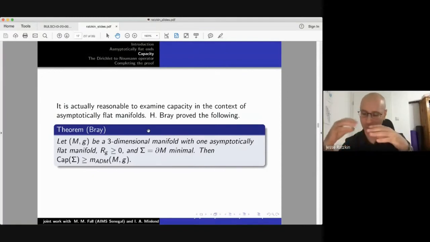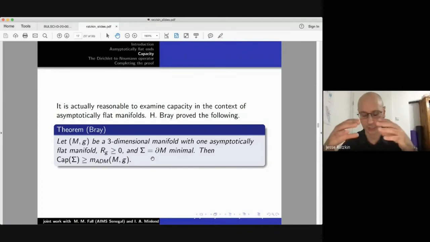And I want to remark that this functional is not completely coming out of left field. There are other people who have tried to incorporate capacity into geometric relativity. For instance, Hubert Bray proved this along the way to proving the Riemannian Penrose conjecture.